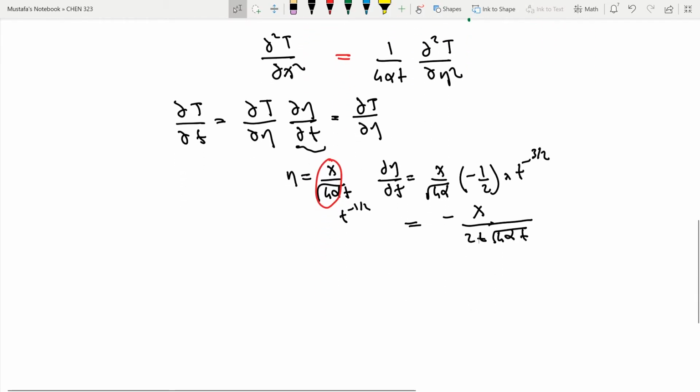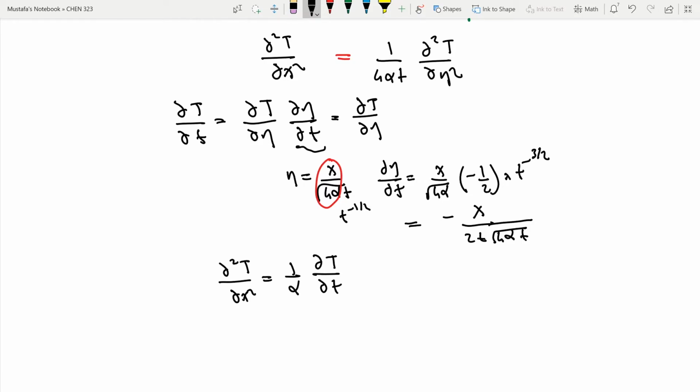So the heat diffusion equation was d squared T by dx squared is equal to 1 over alpha dT by d time, and I express each of these terms in terms of the similarity variable.